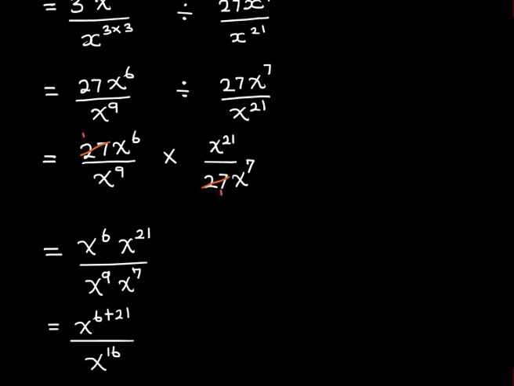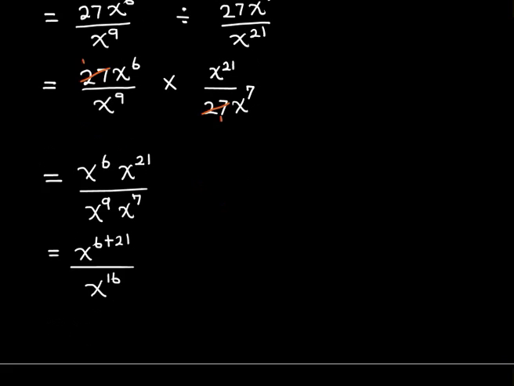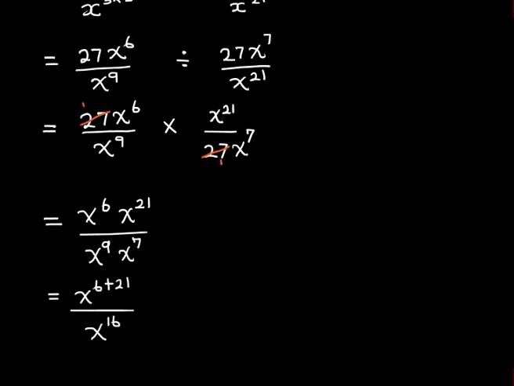Okay. So you see that we will get x to the power of 27 out of x to the power of 16, so that we get x to the power of 27 minus 16, and we get x to the power of 11. So this becomes our answer.